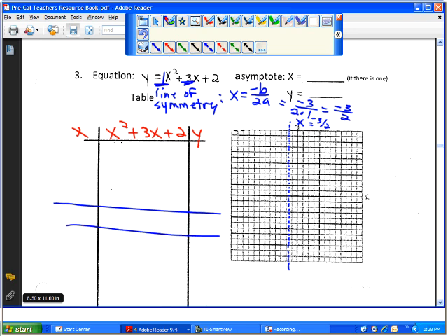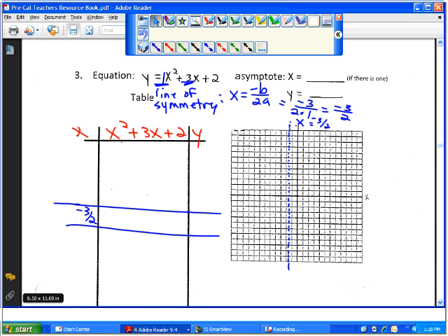We were going to pick a table of 7 points with the vertex in the middle. We know what to call the vertex x because it is the same as the line of symmetry x. The line of symmetry x was negative 3 over 2. Therefore, the vertex x is negative 3 over 2 because the vertex sits on the line of symmetry.